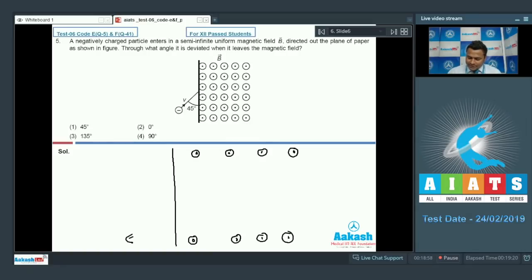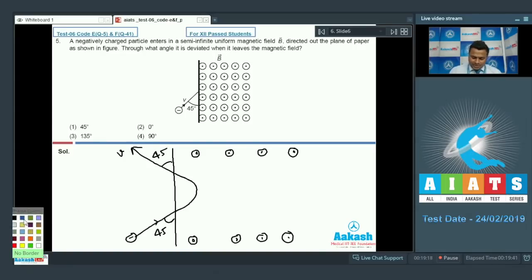A negative charged particle enters the region making an angle of 45 degrees, and we know very well that it will form a circular trajectory due to the magnetic force and come out of the region making the same angle, that is 45 degrees.